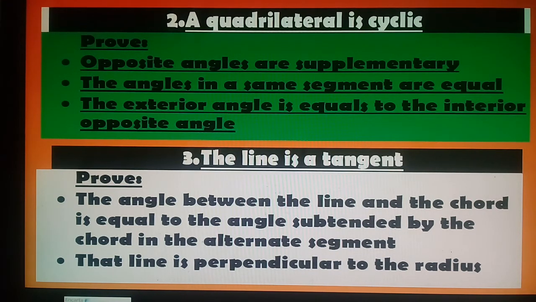Number two, if the line is a tangent, then that line is perpendicular to a radius. You can use that one. It means if they say prove that a line is a tangent, you can use any one of these two things. If this one is certified, you can conclude that that line is a tangent. Wow, how nice. Let's just move on.